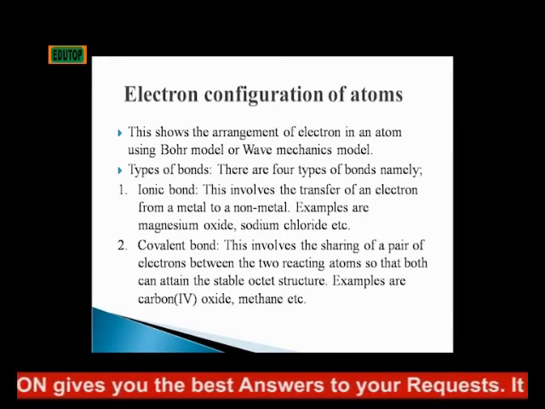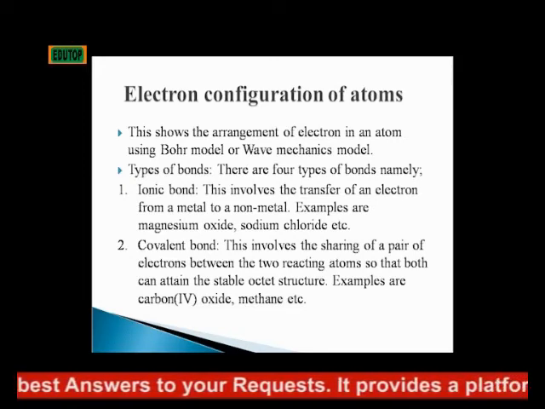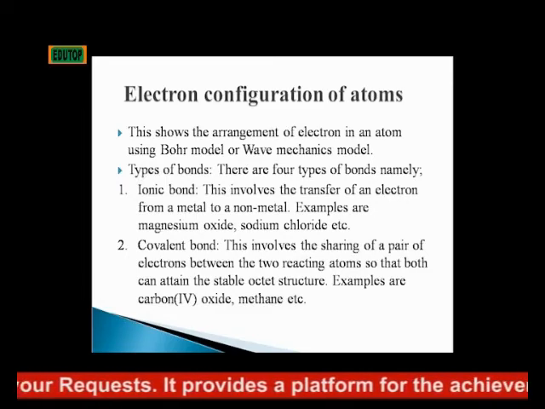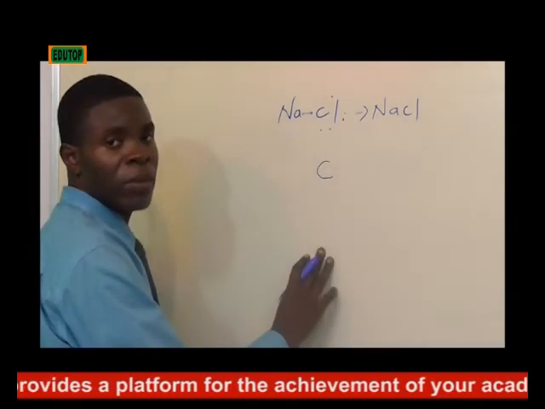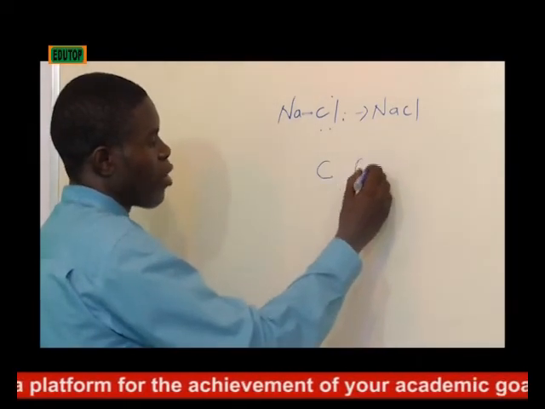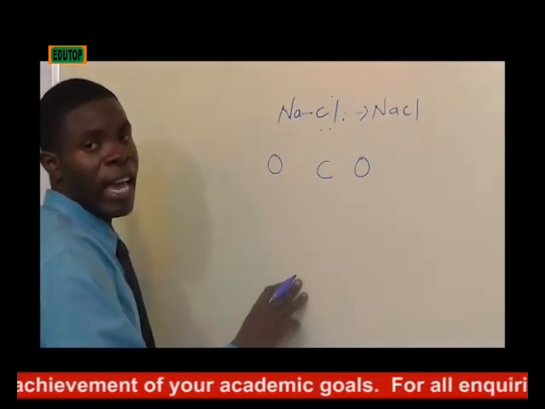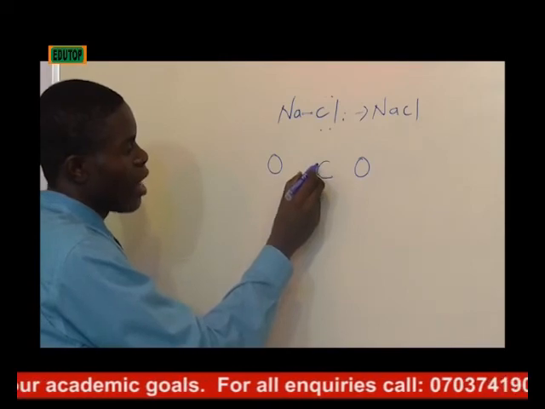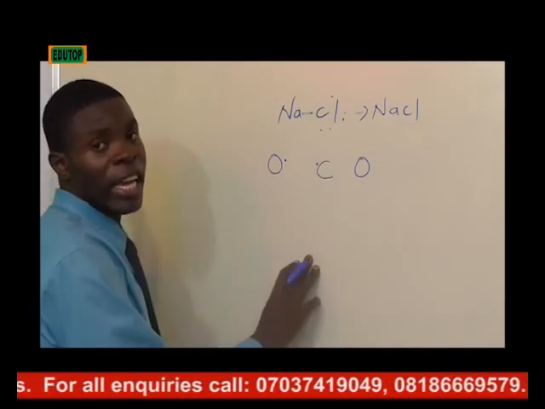A typical example of this is found in carbon 4 oxide, where carbon is a central atom. There is an oxygen here, and there is an oxygen at the opposite end. There is an electron for carbon here. There is an electron for oxygen here.